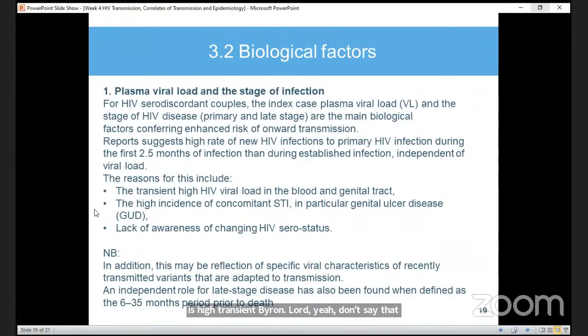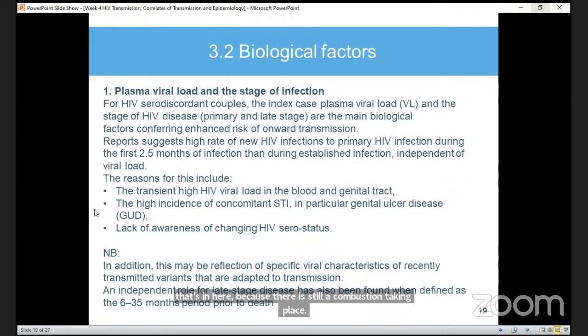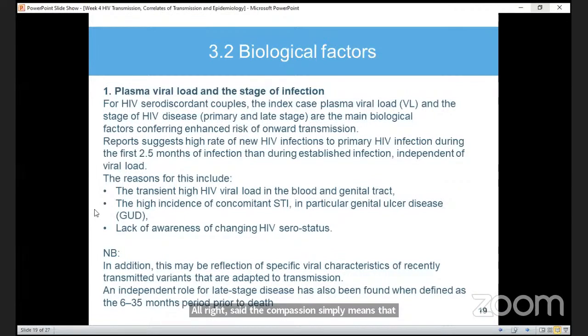Seroconversion simply means that the blood cells, those fighters, the lymphocytes, the CD4 count, are being converted to have the virus as part and parcel of their DNA. So during that period, there is high transition of the virus having attacked the body and becoming part of the DNA of the host cells. And so at that time, there is a high rate of transmission.